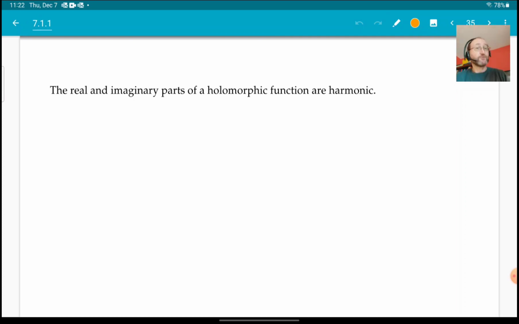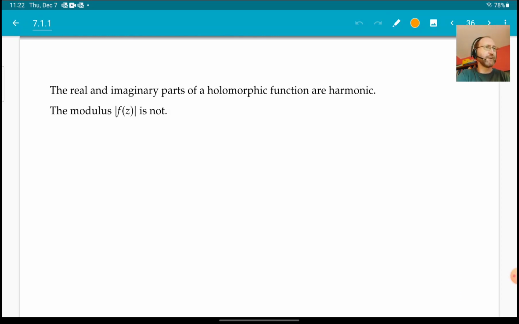So the real parts and imaginary parts of holomorphic functions are harmonic. But the modulus is not, right? If we think of the three different ways of getting real numbers out of complex numbers, the real part, the imaginary part, and the modulus.